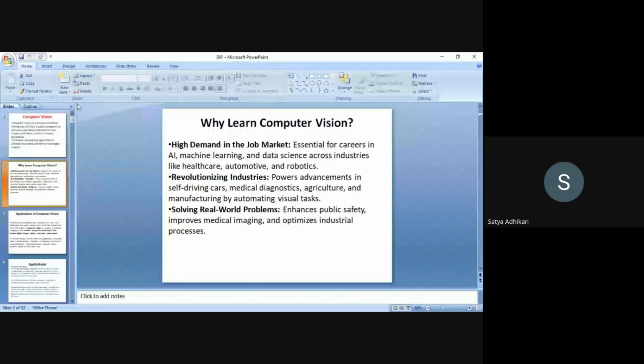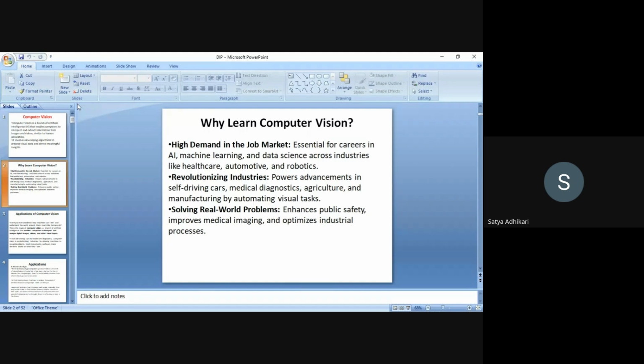It is revolutionizing industry, powering advancement in self-driving cars. Self-driving car, that is, you sometimes see on TV the car moving without a driver. Also medical diagnostics, agriculture, and manufacturing by automating visual tasks. Humans do not have any role here.